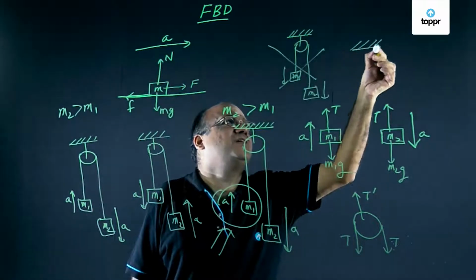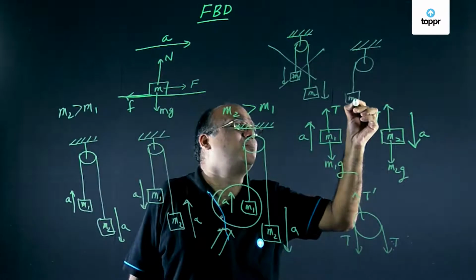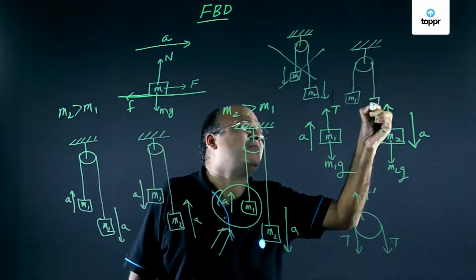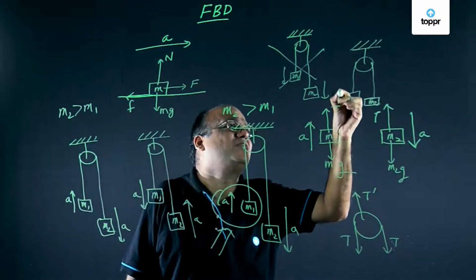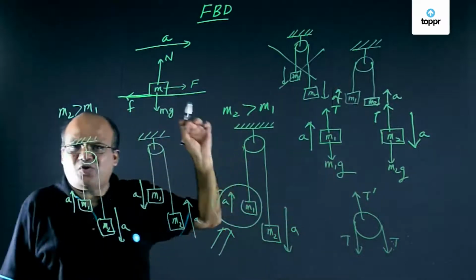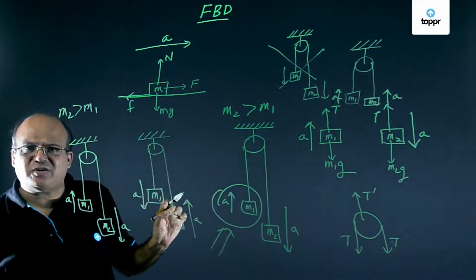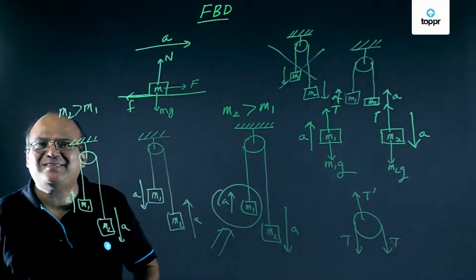Suppose he says both are accelerating upwards. That also is not possible because of this string constraint. We learn string constraint as we go along. That also will not help in solving the problem. So we must fix a consistent direction of acceleration. The direction may be wrong, but it must be consistent.